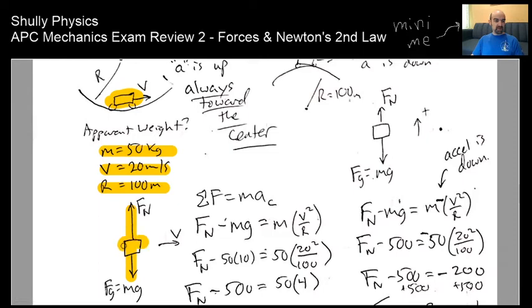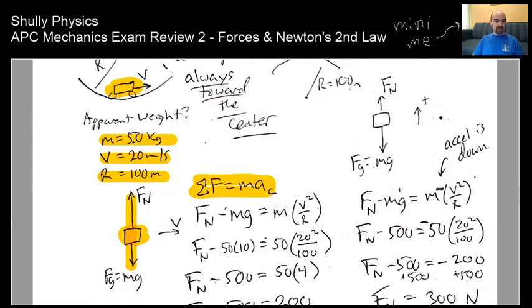My frame of reference is good, so I'm going to leave it like that. There are no angled forces, so I've considered that. So I'm on to applying Newton's second law: F equals ma, sum of the forces. The sum of the forces is the normal force minus the weight, mg, equals mv squared over r. I'm going to plug in my knowns now. That's how easy it is. The m plugs in.